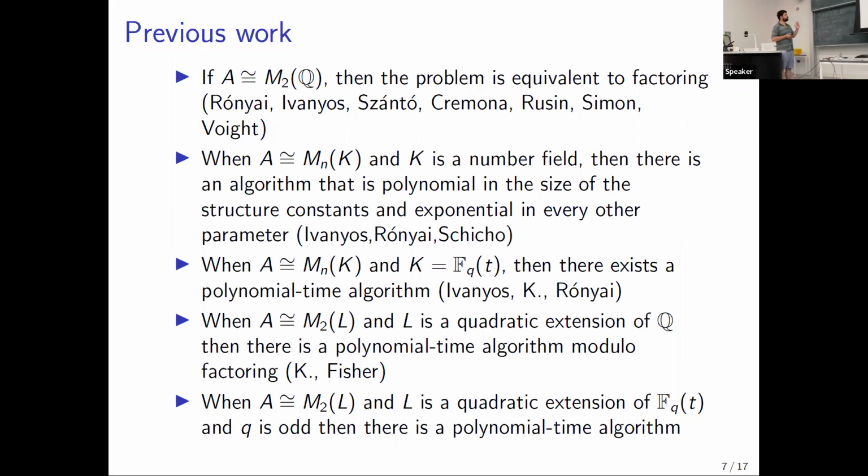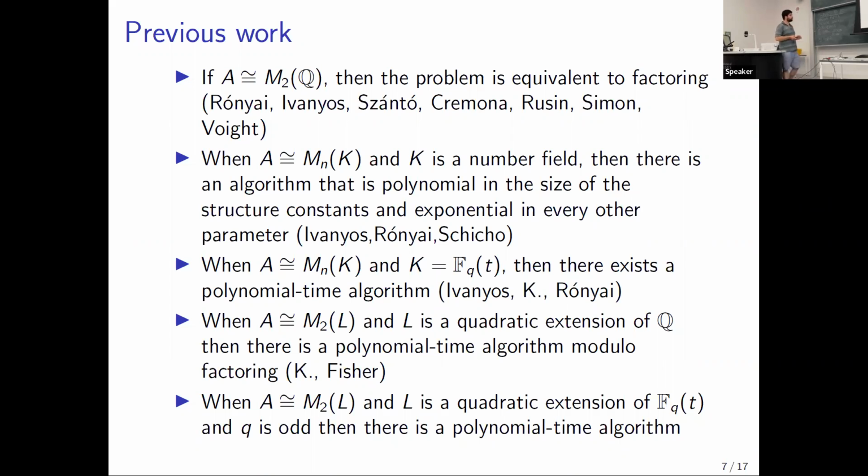There are two more cases which are known, which are very close to each other: the case where A is isomorphic to M_2(L), and L is either a quadratic extension of F_q(t) or of Q. And I think all of these algorithms rely on solving quadratic forms over the smaller field, either F_q(t) or Q.